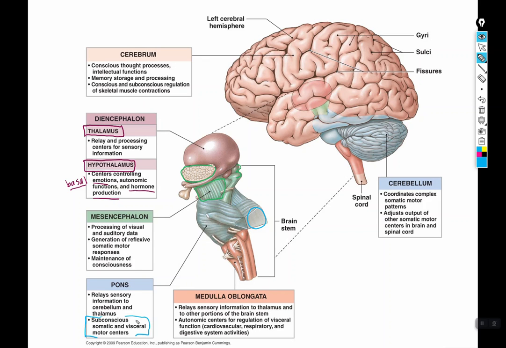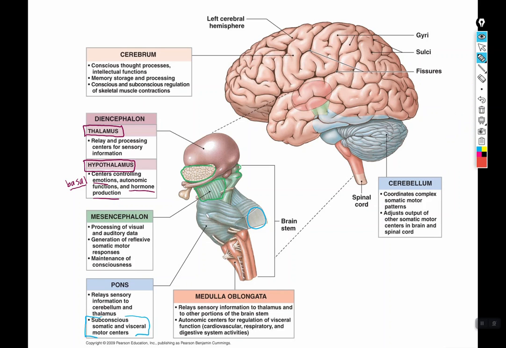So an example of one of the somatic motor centers is one that acts on the diaphragm to regulate breathing. And among visceral motor sensors, there's a place called the pontine micturition center, which means it's the nucleus in the pons that coordinates the urination reflex.